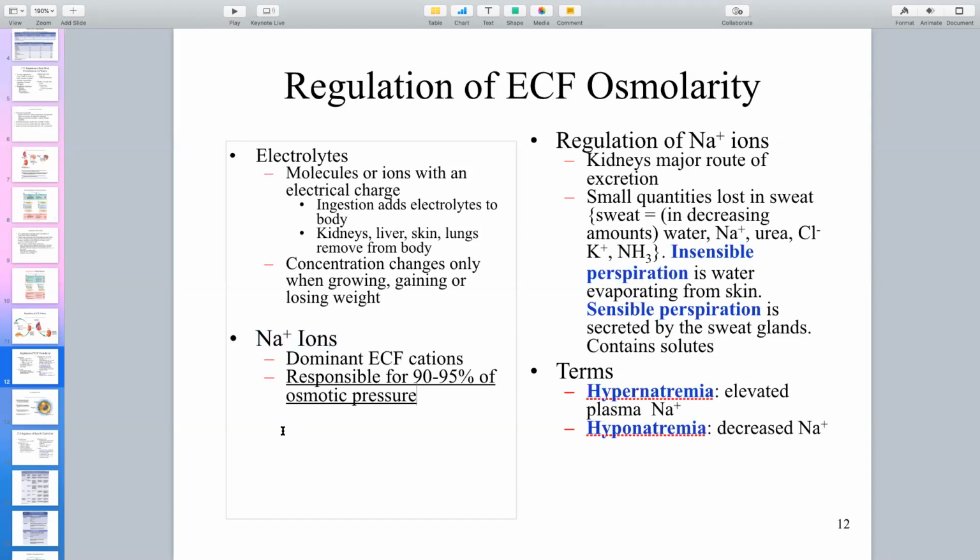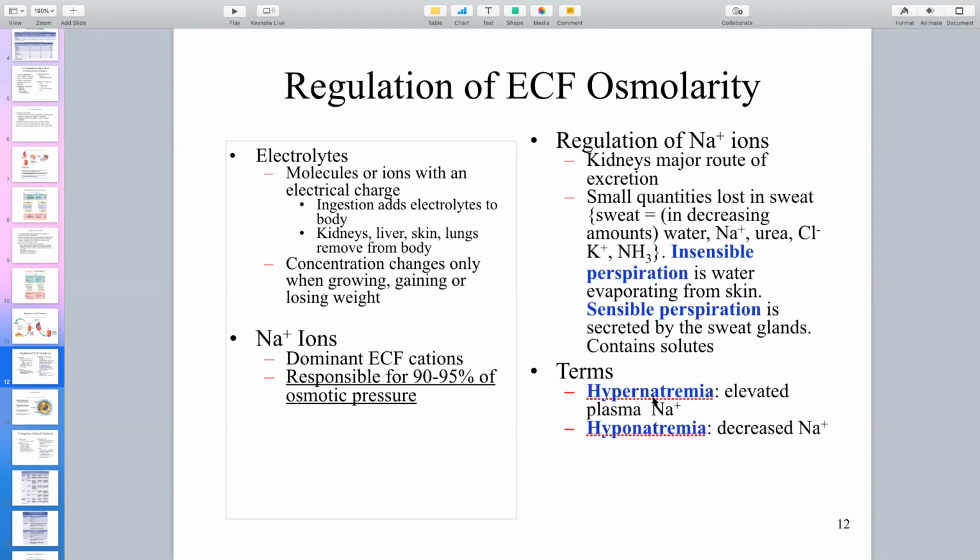The more sodium in one region, the more water they'll move to that region. In terms of regulation of sodium, kidneys are the major route of excretion. We do lose a small amount in sweat, right? Insensible perspiration is water evaporation for the skin. Sensible is due to secretion of the sweat glands.